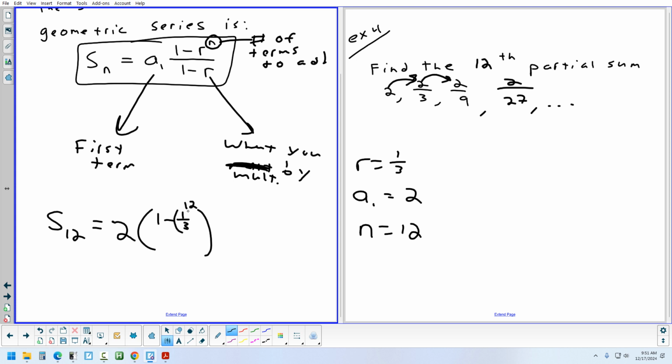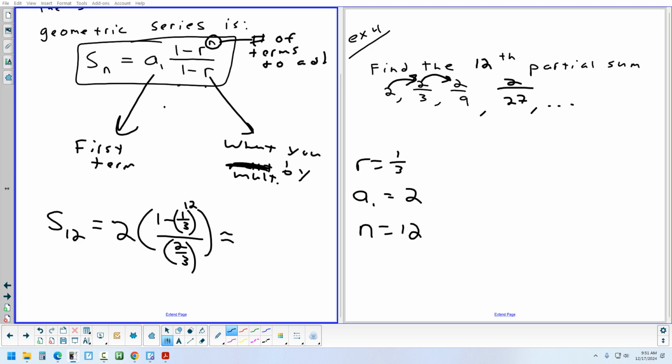So that's going to be to the 12th power. And in the bottom, it's 1 minus 1/3. What's 1 minus 1/3? 2/3. That's the answer. Right? We just have to, when we type that in, just be careful typing it in.